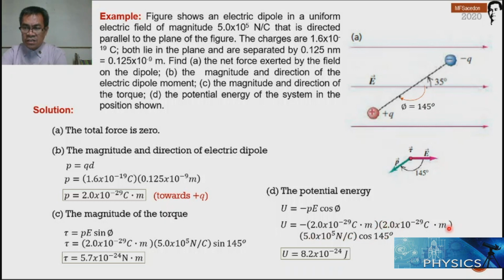This is not included, so this one multiplied by 5 times 10 raised to 5 cosine of 145, the result is 8.2 times 10 raised to negative 24. So this is not included again. Eliminate this one, and the result is 8.2.